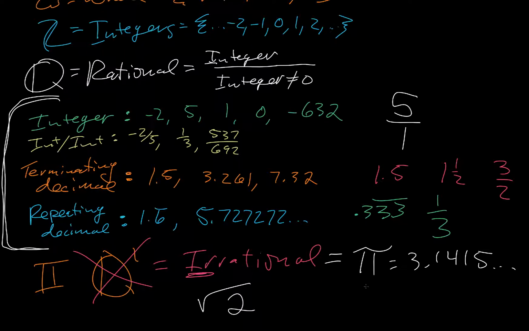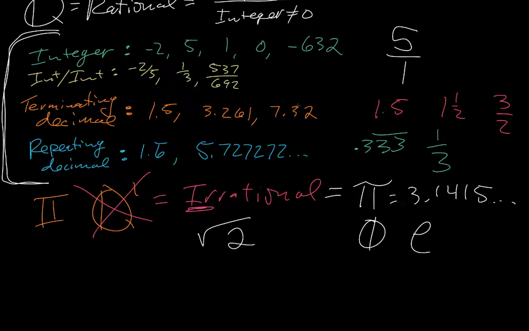These are the 2 main. So we just have these constants that, like that, and then there's also like phi and e. Those are all constants that are irrational. But I think we'll just focus on these 2 situations, like pi, and then anything under a square root that is not a perfect square. Okay.